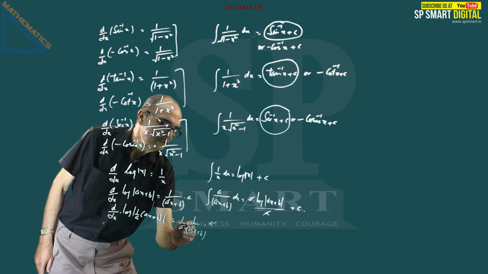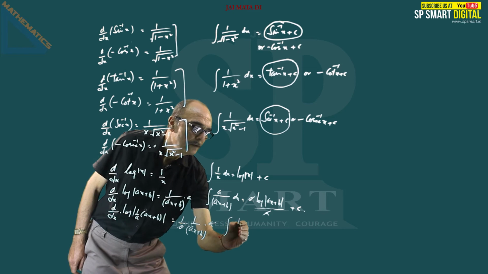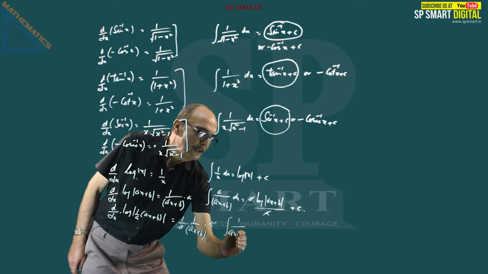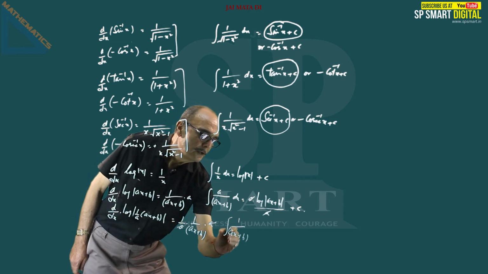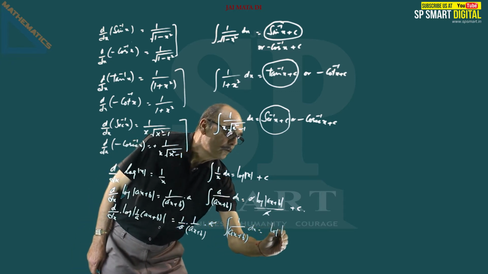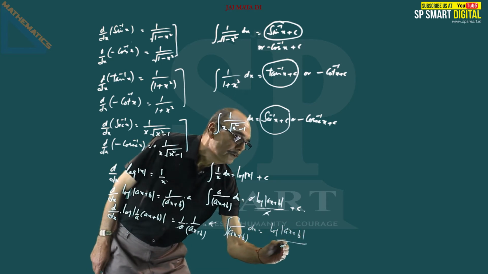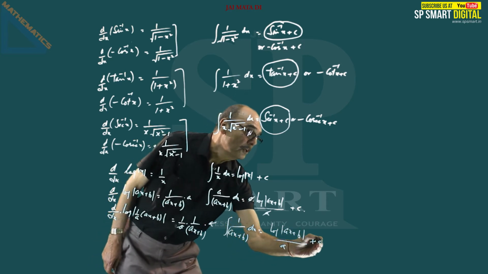This a gets cancelled with this. So, integral of 1 upon ax plus b dx will be log of ax plus b divided by coefficient of x plus c.